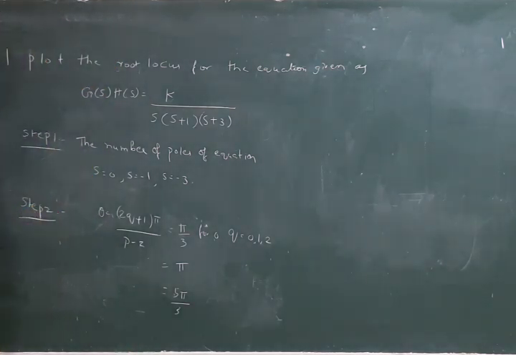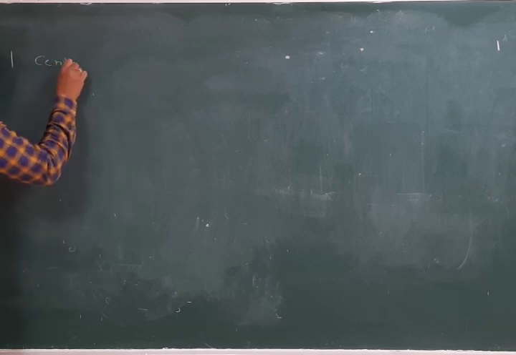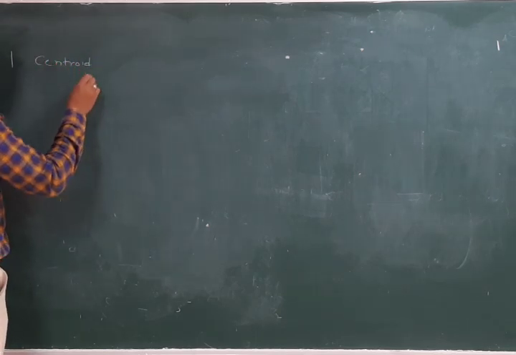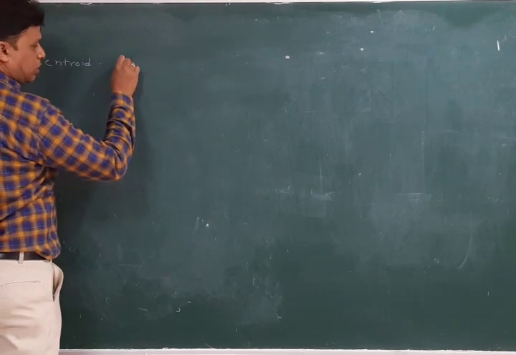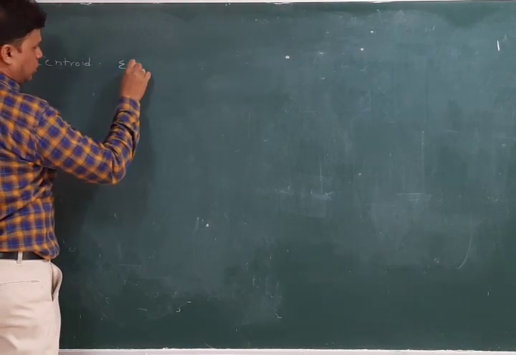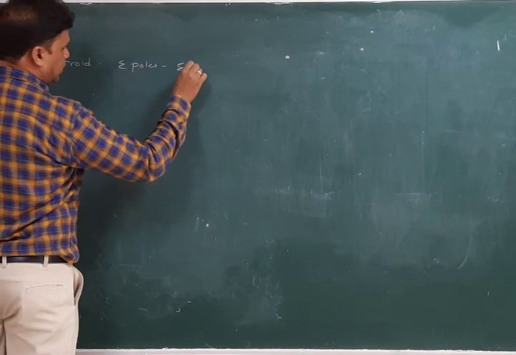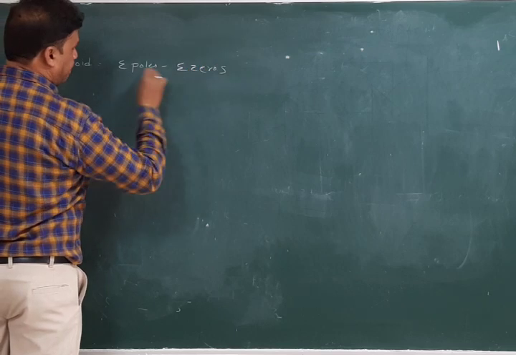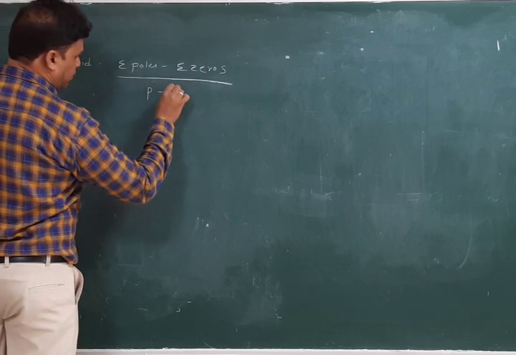Okay. Now, we go for step 3, that is the centroid. What is the centroid? The centroid is the sum of the poles minus the sum of the zeros, divided by the number of poles minus the number of zeros.